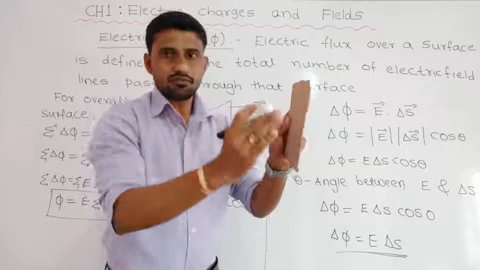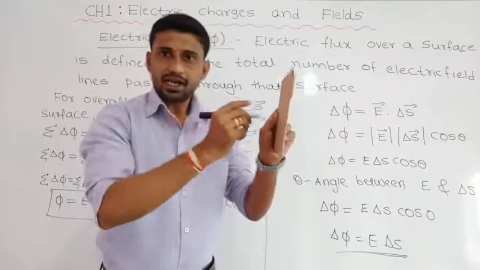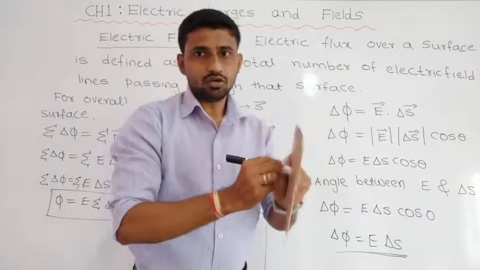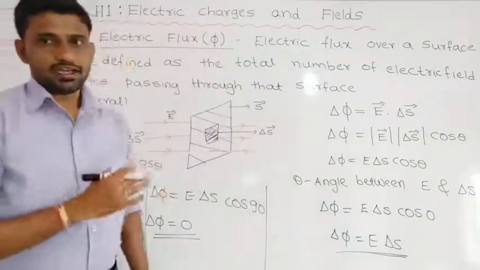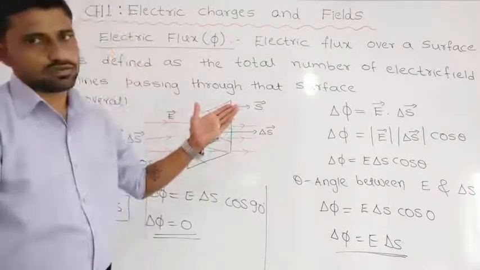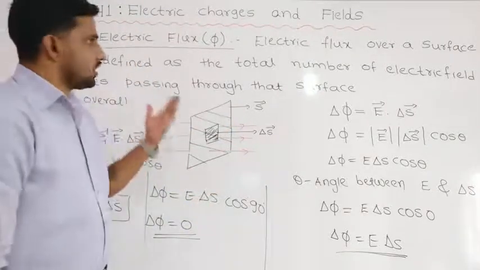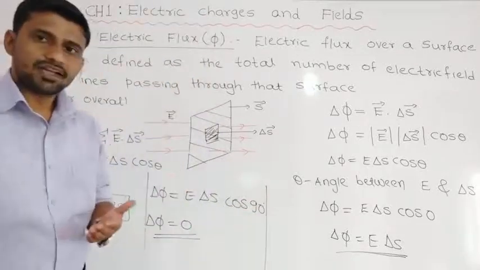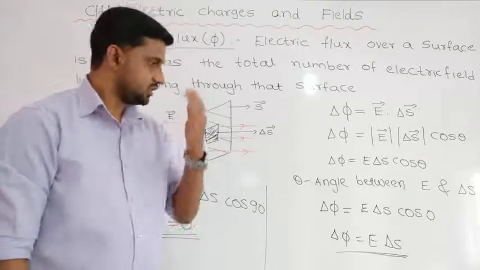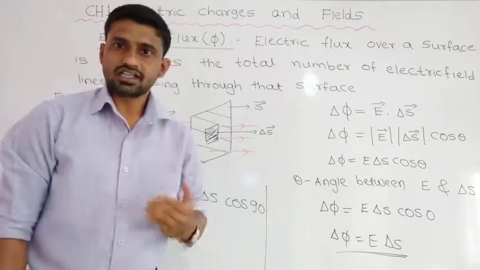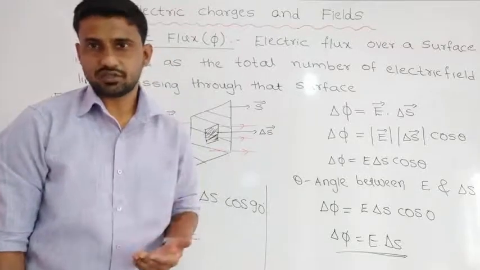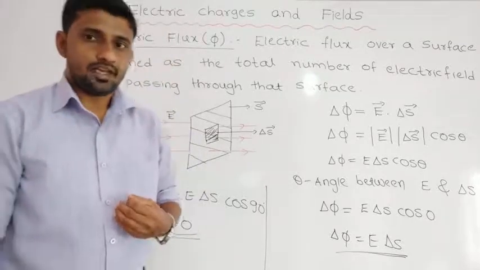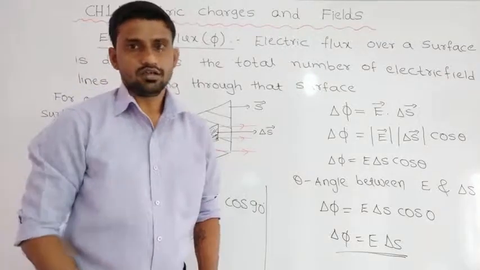See here, this is the surface and this is the direction, and the angle between this direction and the surface is exactly 90 degrees. So electric flux over a surface is the total number of electric field lines passing through that surface. If more electric field lines pass through the surface, the electric flux is also more. If fewer lines pass through, the flux is also less.